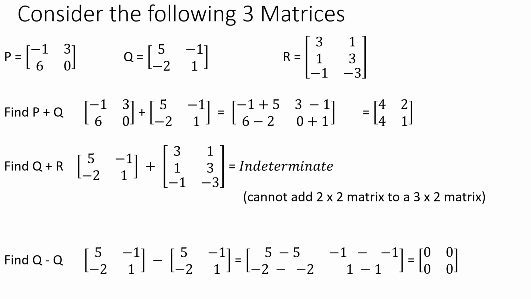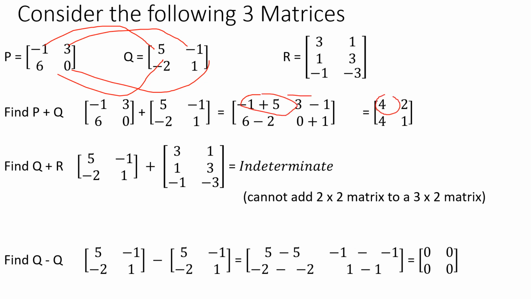I can type P plus Q. I'm just going to add 1 and 5, negative 1 and 5, 3 and negative 1, 6 and negative 2, and 0 and 1, which I've done right here. 1 plus negative 5 equals 4, or negative 1 plus 5. 3 minus 1 is 2. 6 minus 2 is 4. 0 plus 1 is 1. So P plus Q is correct here.